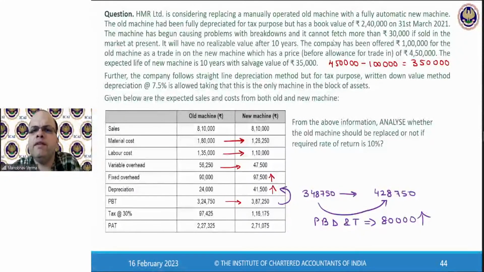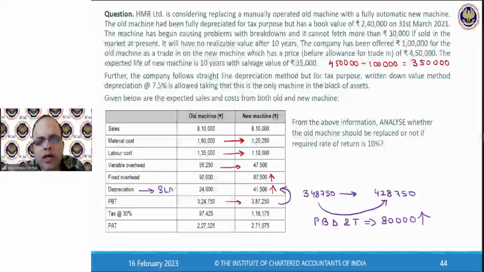Because depreciation, we anyways will be doing the incremental depreciation anyhow. We have to do that. Unfortunately, even though they are following the straight line method, the question is why we are doing this? Because this depreciation is, thank God, a straight line method, but unfortunately for tax purposes, they mentioned later on, it is WDV only.